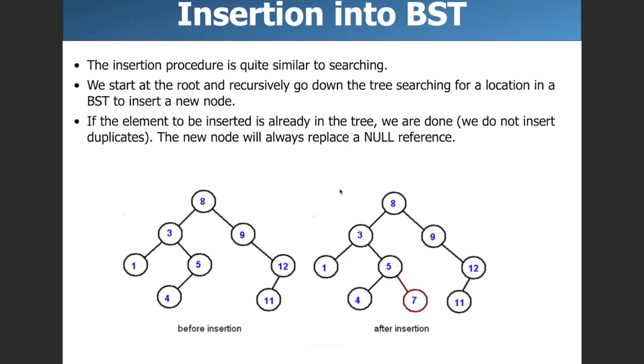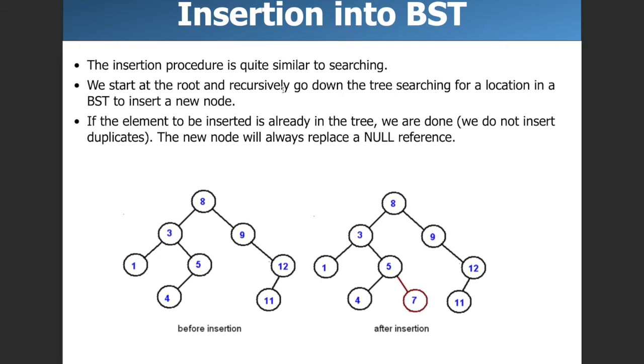So how do we insert into a binary search tree? How do we add new values, new elements? The insertion procedure is quite similar to searching. Why? Because it's in order, we need to see where to insert it.